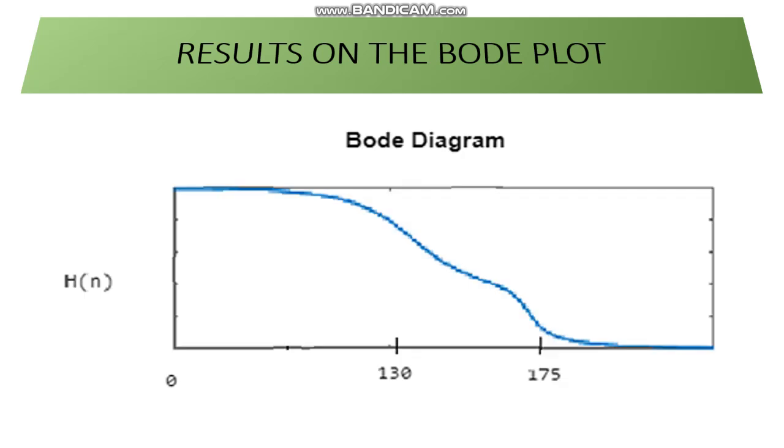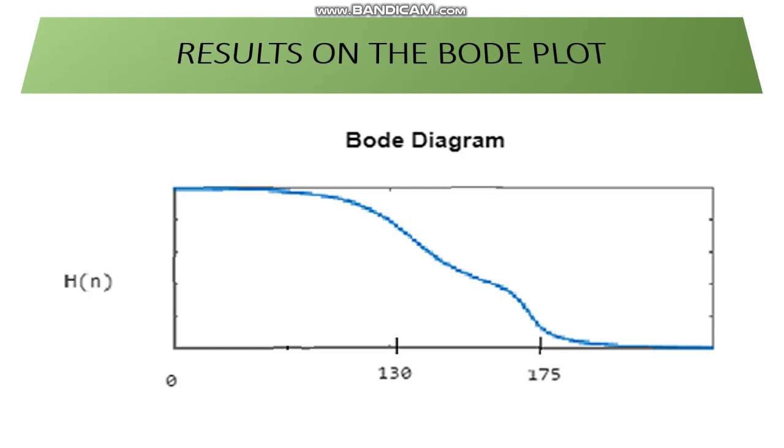On this slide, it's the Bode plot that I drew, or MATLAB drew for me when I typed a code on it. As you can see there, I wrote 130, which is my signal frequency, and then I also wrote 175, which is the noise frequency, the unwanted one.